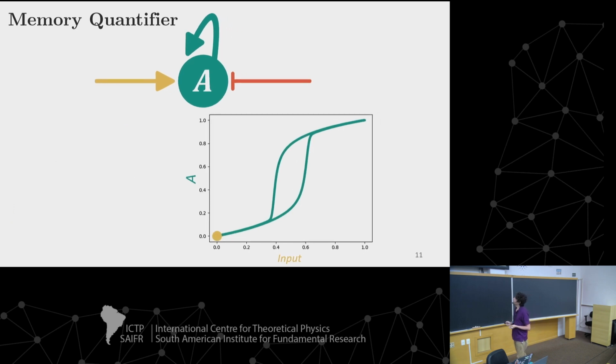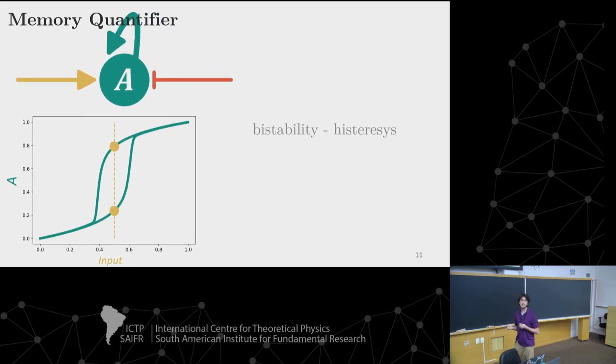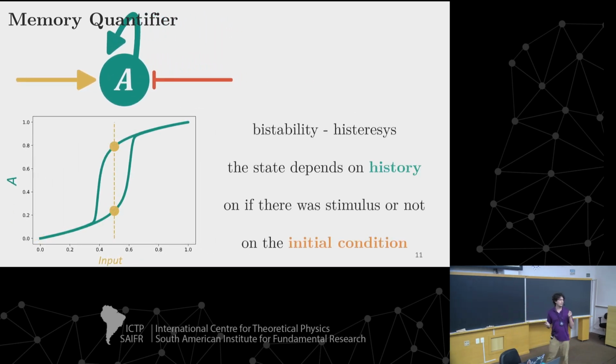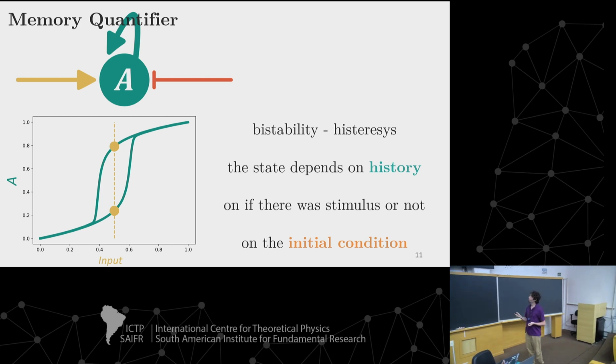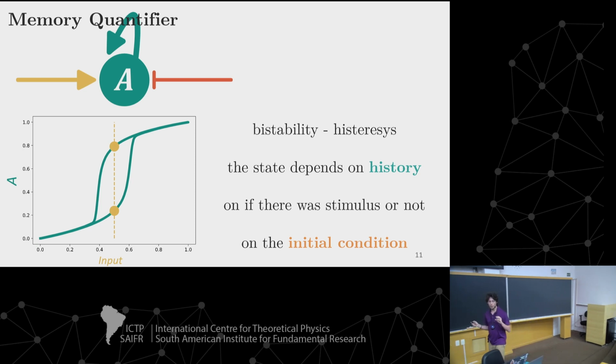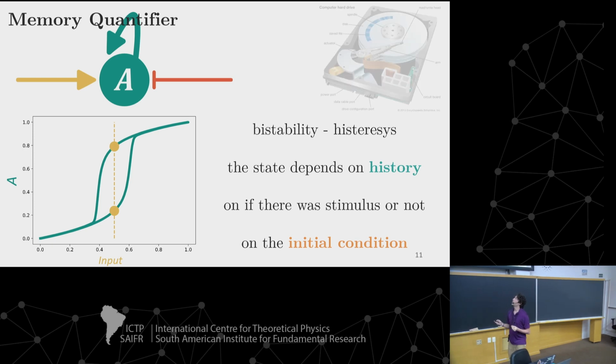This really simple network is a good example of a system that has memory, because it has stability and hysteresis. The state depends on the history, on whether we gave a stimulus already or not, or on what the initial condition was. If we start here, it ends up here, but if we start here, it ends up here. All of these things are what we want to hold in our quantifier.